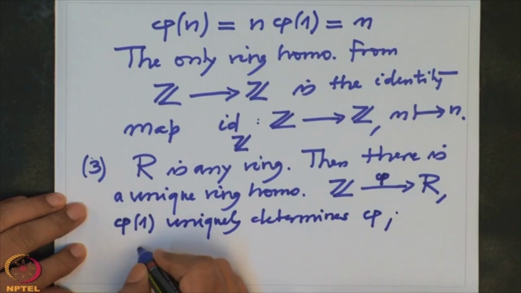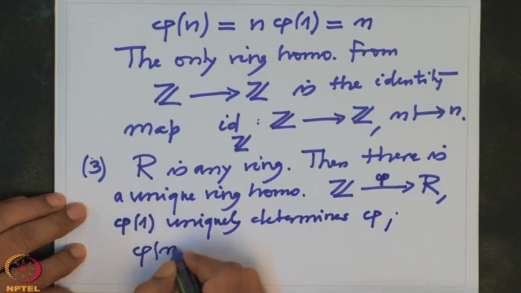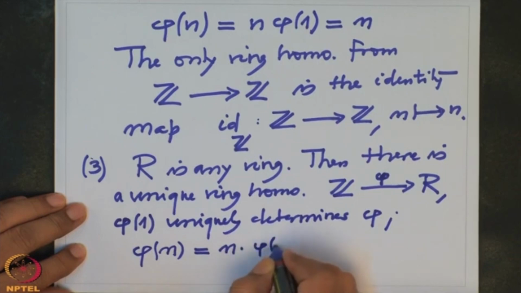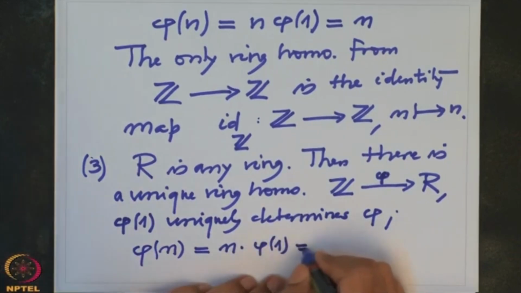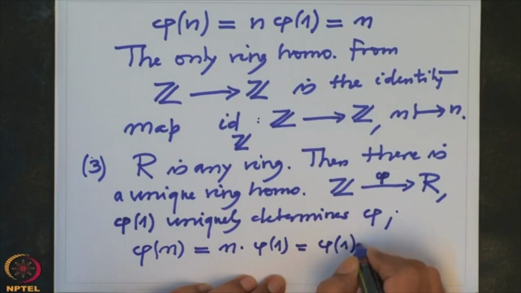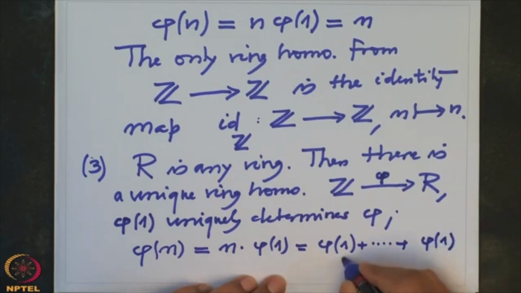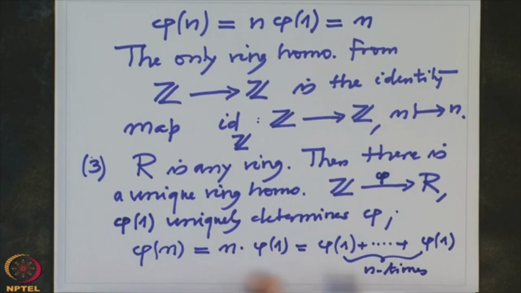In fact, if I take any n, phi of n will be equal to n times phi of 1. Remember, n times phi of 1 means phi of 1 plus phi of 1 added n times. When n is negative, then one should use the additive inverses of this.